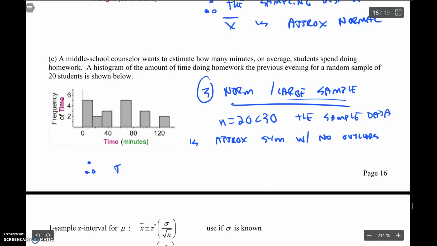Therefore, the sampling distribution of X bar is approximately normal. So the check checks out.